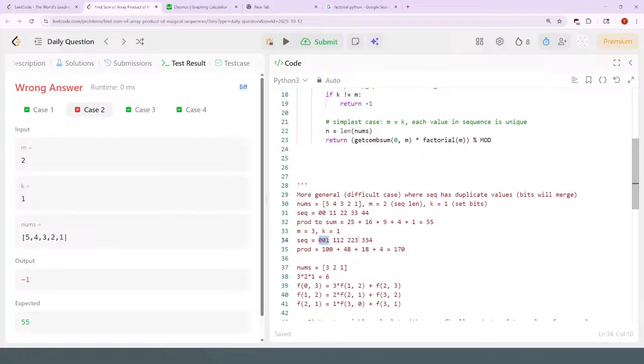There's one unique, so you can do either n factorial divided by the number of duplicate factorials, so it'd be 3 factorial over 2 factorial, or you can just say there's one unique thing, so it's 3 ways to move that one unique thing. So this should be times 6. So that should be like 600 plus 420, so 1020.